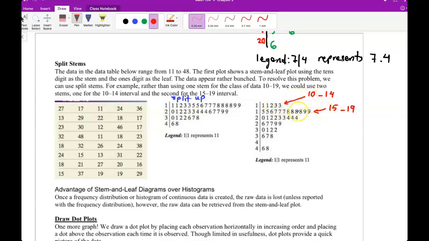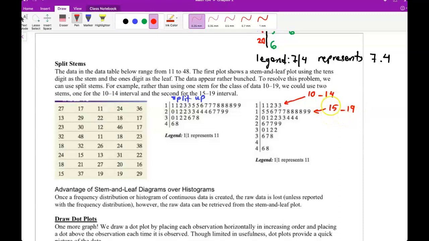See, the numbers on the left side are our stems. That is 1, here is 1. The numbers we have here are in this interval: 11, 11, 12, 13, again 13. Then we have 15, 15, 16, 17, 17, 17, 18, and then 19, 19. All these numbers are in this interval.